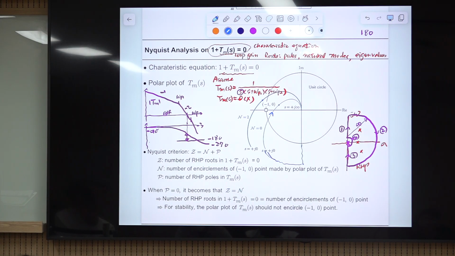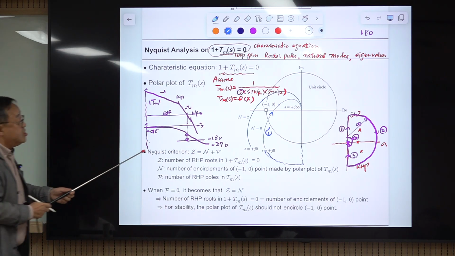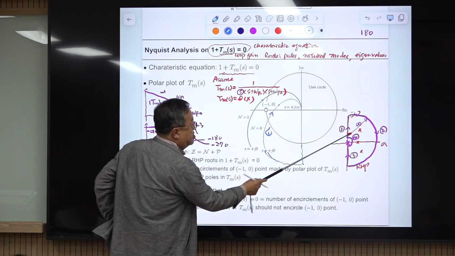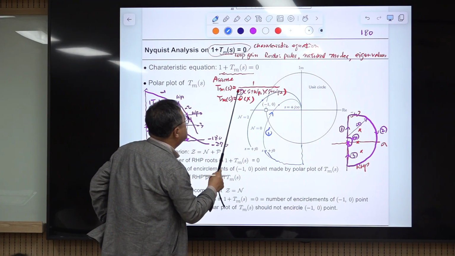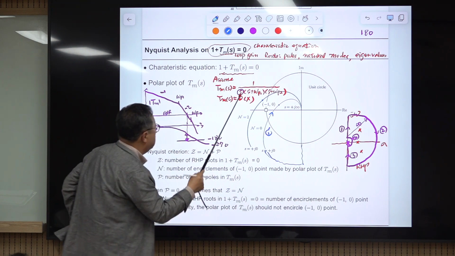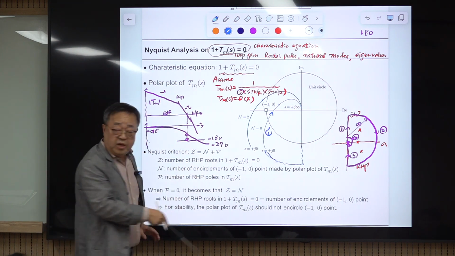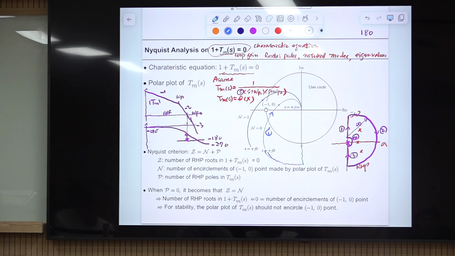So this is 1 prime. And we go around this. As the radius is infinity, s is very large, so the magnitude of this becomes very small. So this path 2 is mapped here. This is 2 prime.